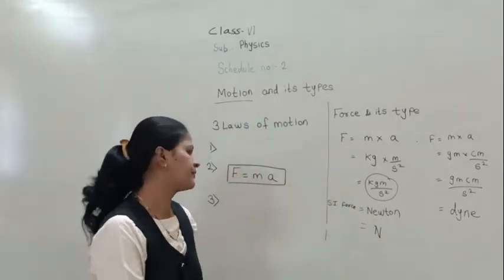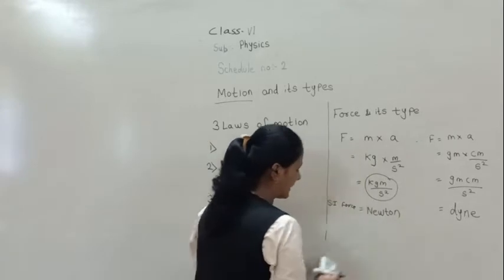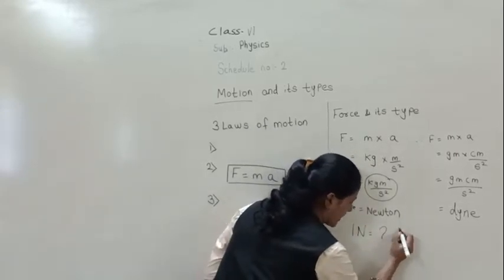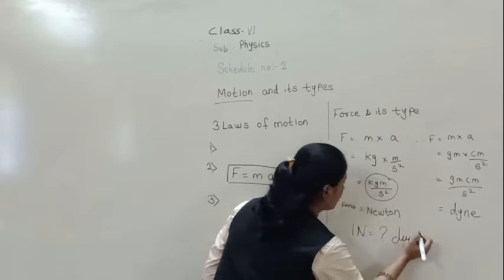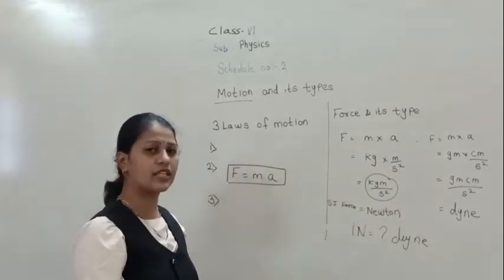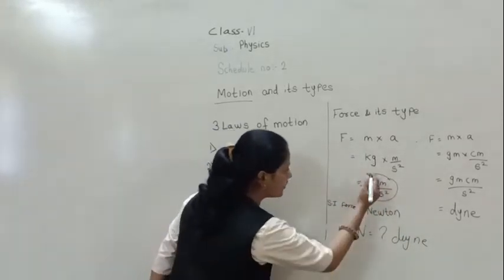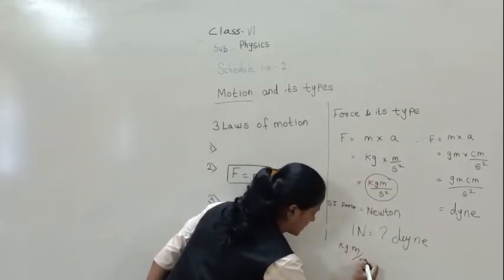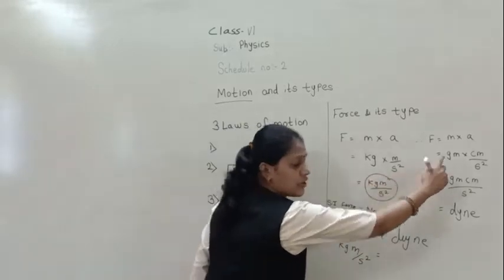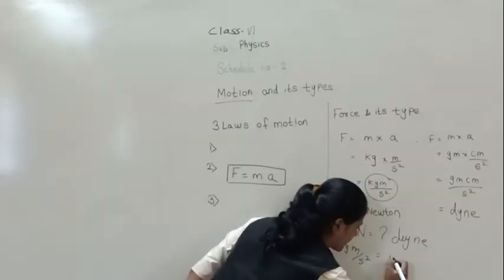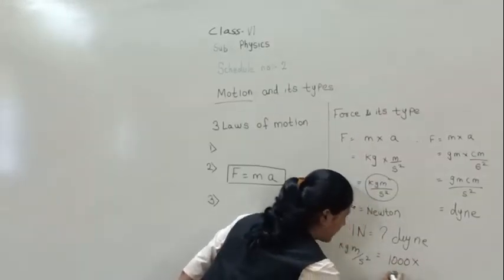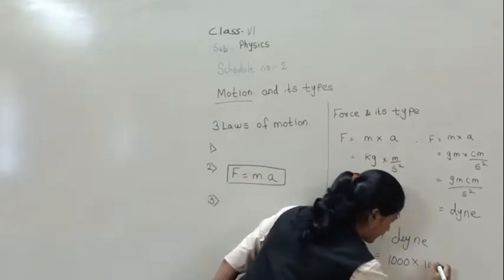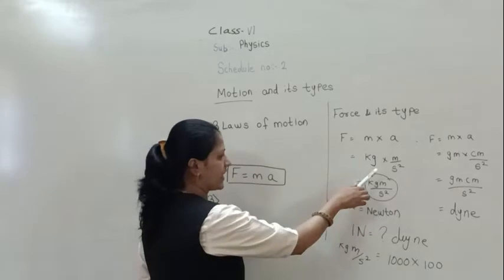Then how much is one dyne? I have given you this in your notebook. Newton is kg meter per second square. Now 1 kg is equal to how many grams? 1000. And 1 meter is equal to how many centimeters? 100.